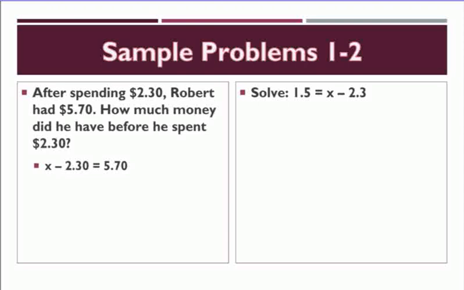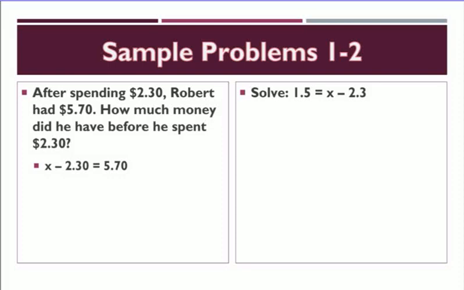After spending $2.30, Robert had $5.70. How much money did he have before he spent $2.30? So we're looking at how much he had to start with. And so you can see our equation here, x minus $2.30 equals $5.70. We would have to use the addition property of equality, which just means we add the same number on both sides and they'll still be equal.